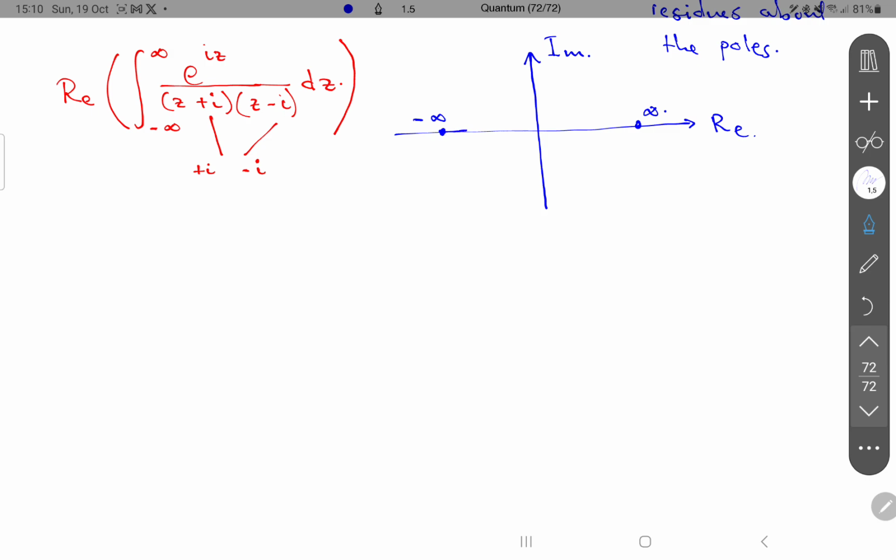So I am going this way. Then definitely my contour on the positive side is going to be like this. So I'll go like this to form my contour.